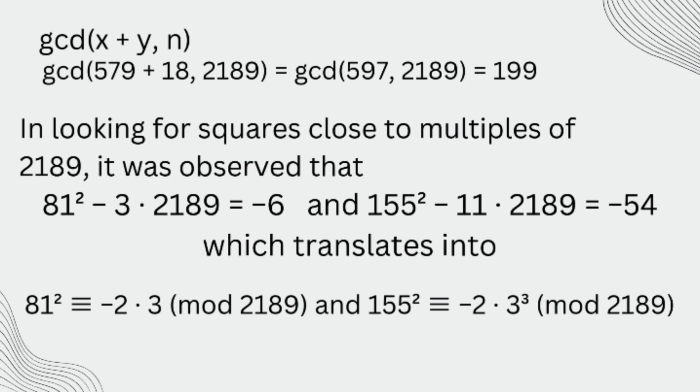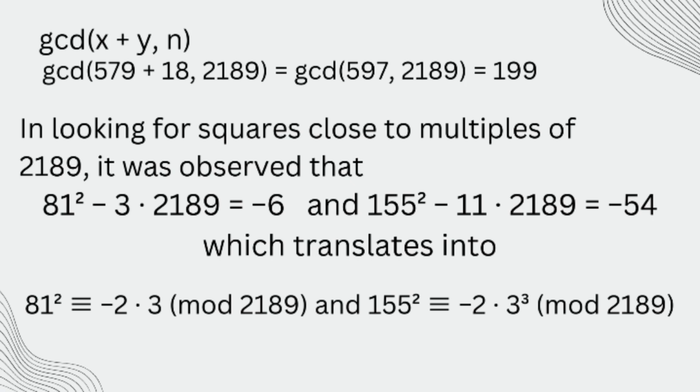I-multiply natin ang 3 times 2,189, makukuha natin ay 6,567. I-subtract natin siya sa 81 squared, ang makukuha natin ay negative 6. Ganon din sa 155 squared, i-divide natin siya sa 2,189, ang makukuha nating sagot ay 10.97.